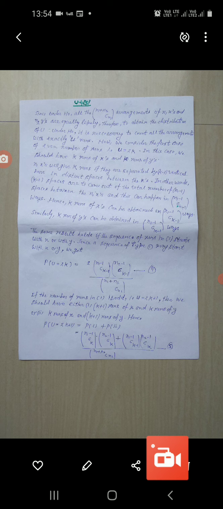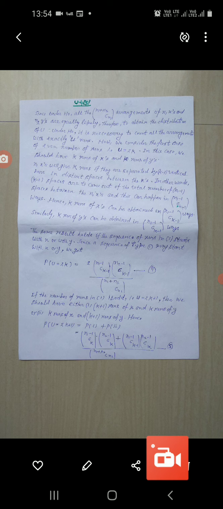And if the number of runs in equation number 1 is odd, that means u is equal to 2k plus 1, then we should have either first, k plus 1 runs of x's and k runs of y's, or second, k runs of x's and k plus 1 runs of y's.